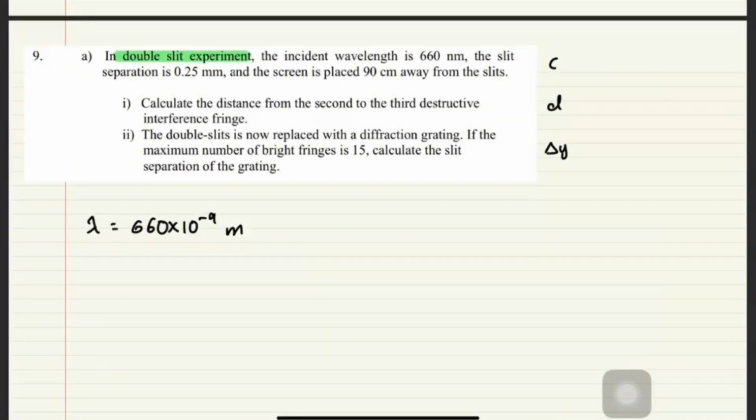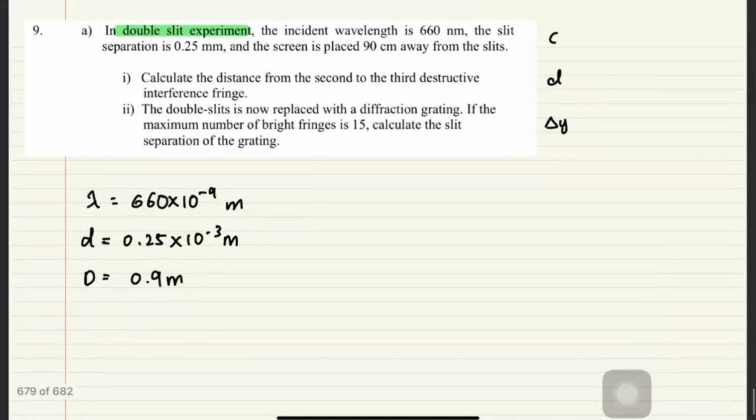The slit separation D is 0.25 and the screen is placed 90 cm. Okay, calculate the distance from the second to the third destructive interference. So maksudnya dia nak cari untuk destruktif jarak dia antara kedua dengan ketiga.